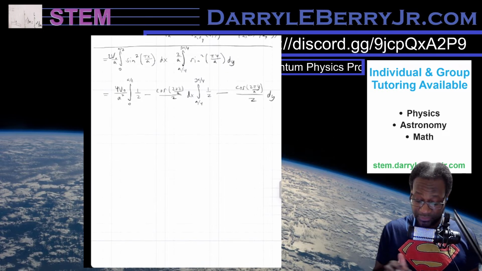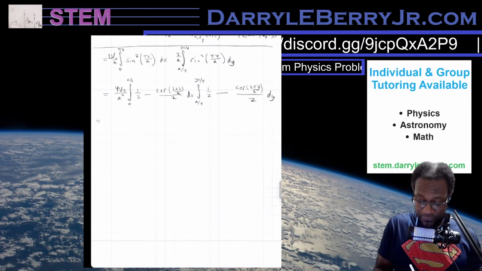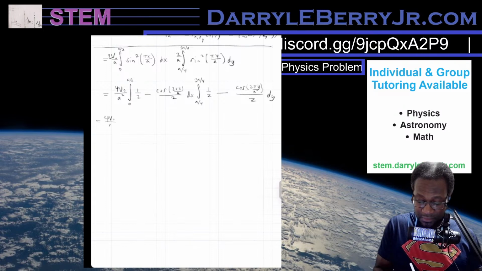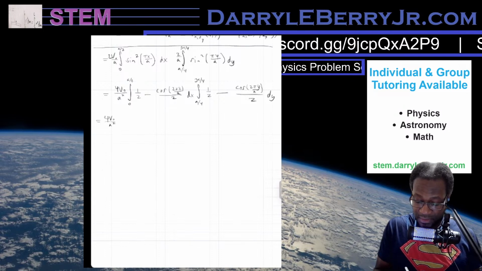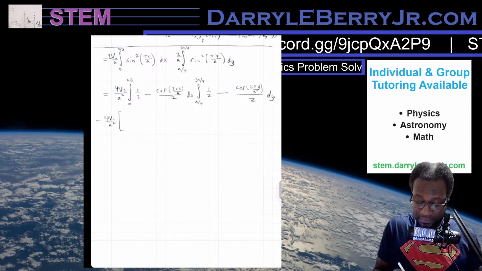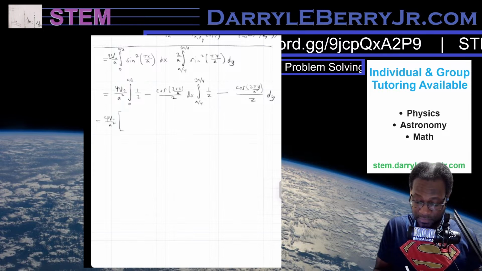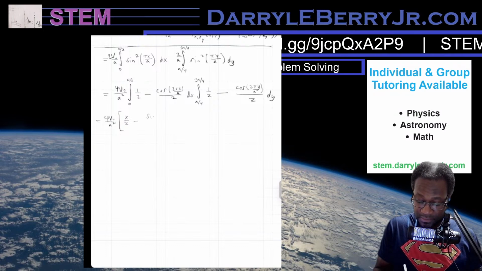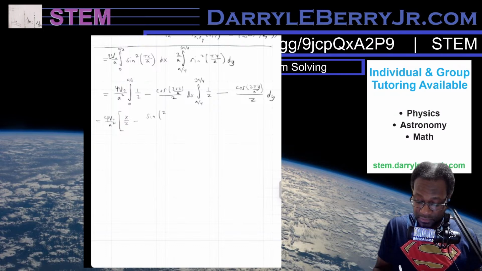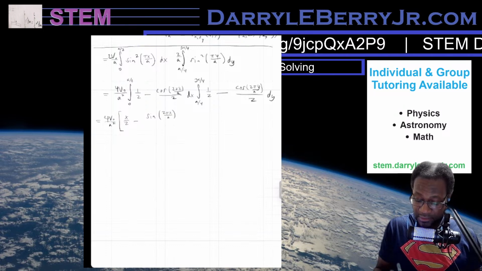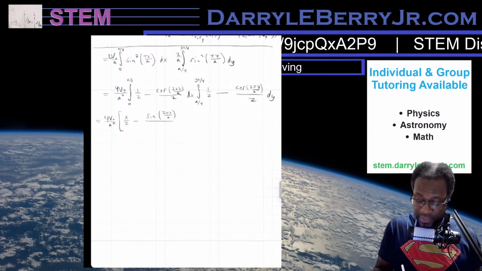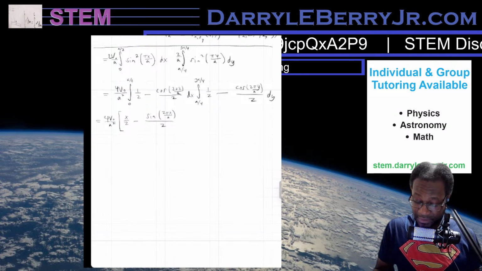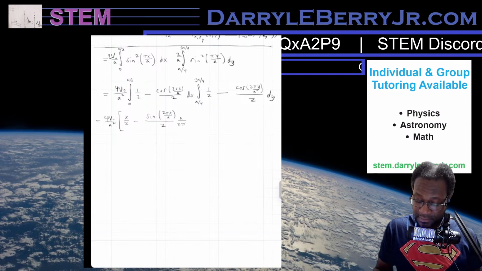So now let's go ahead and take our two integrals. We have 4 v naught over a squared times x over 2 minus sine 2 pi x over a, divided by 2. We have to again take the derivative of the middle part here and divide by that, so that's a over 2 pi.